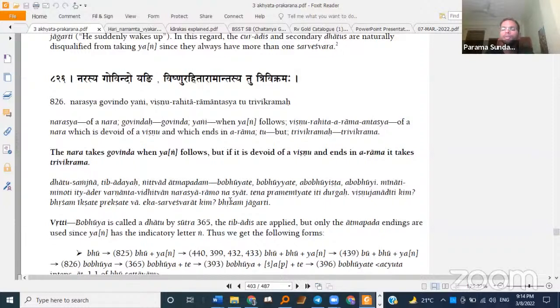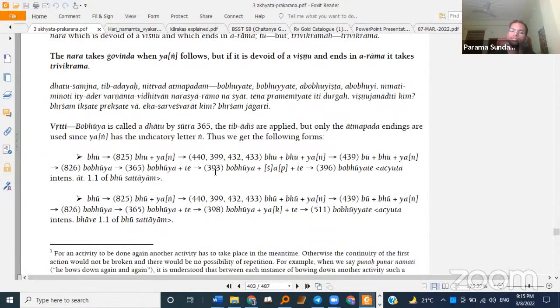But if it is devoid of a Vishnu, which is an Agama, and ends in a Rama, then it takes Trivikrama. So, for example, Bhu Yukt Yaṅ, Netya Sarveshwarayo, and so many things. Dhatur Diruchana Madhokshira Sanam Yangshu.